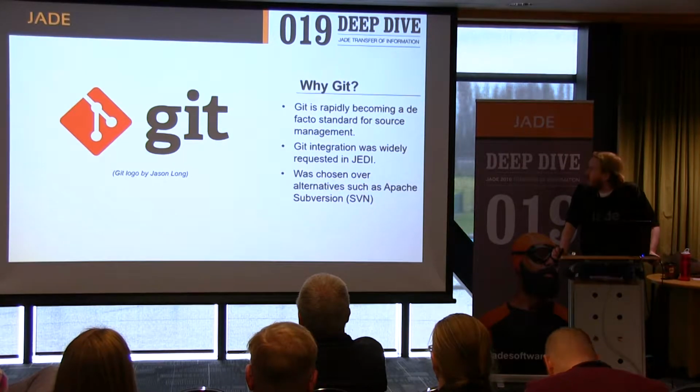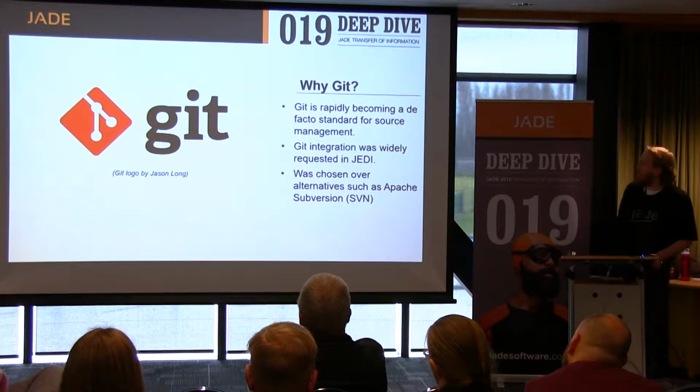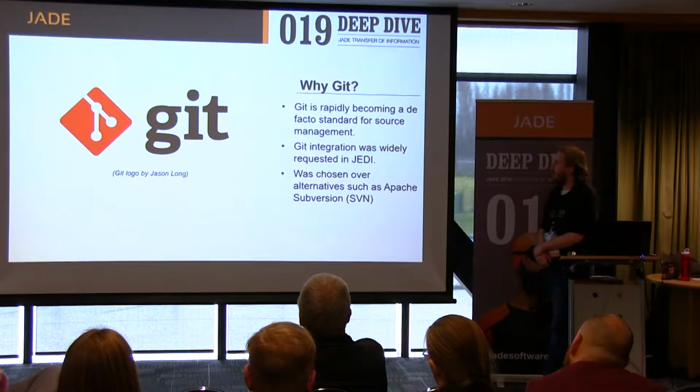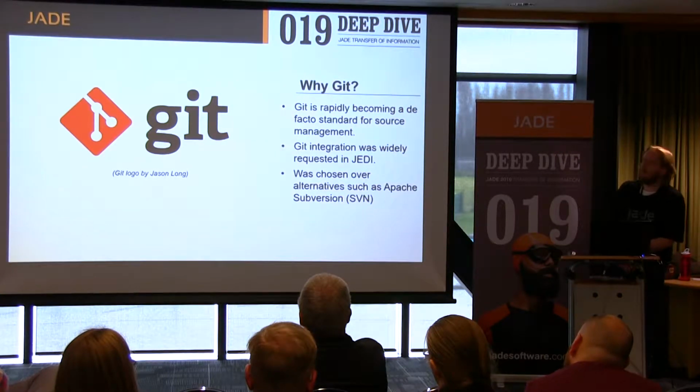So of course we look at the Jedis, and pretty much all of the Jedis that were talking about source management, specifically the thing that kept coming up time and time again was wanted specifically Git integration. So we did look at other alternatives, such as Apache Subversion, also known as SVN, but Git won out.